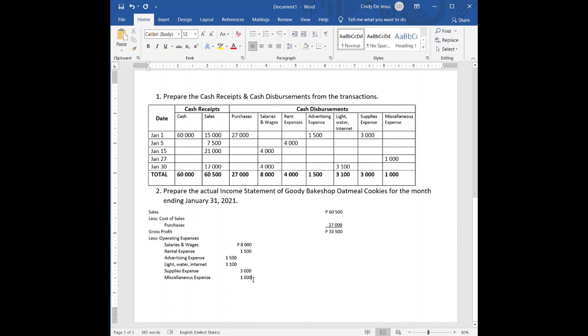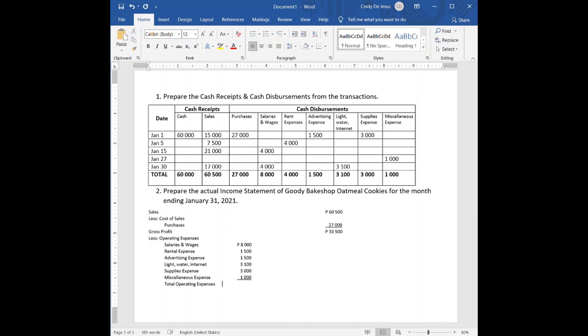So, you will have to do the total now. How much has been spent on operating expenses? And of course, we have to make sure they are aligned, because an income statement should look something like this.